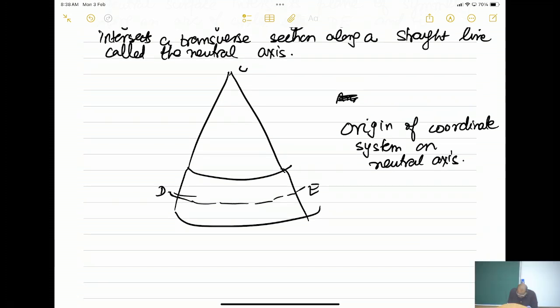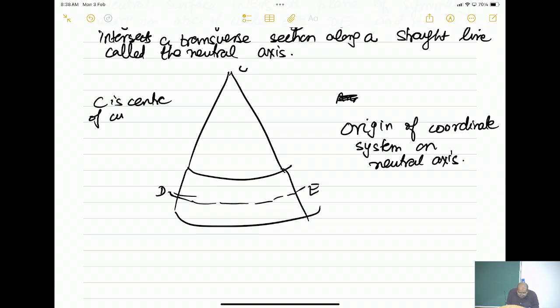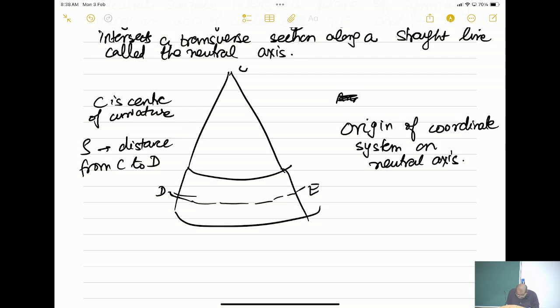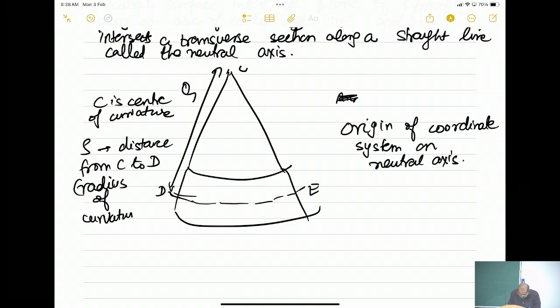Now C here is the center of curvature. Rho is the distance from C to D. So this distance from C to D, we call it rho, which is the radius of curvature.